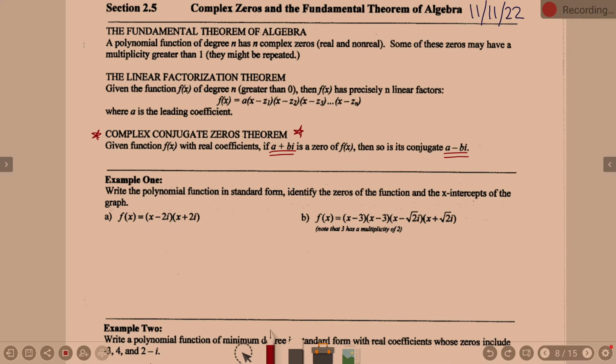Okay. Example 1. Write the polynomial function in standard form. Identify the zeros of the function and the x-intercepts of the graph. So, standard form. What do I mean standard form?